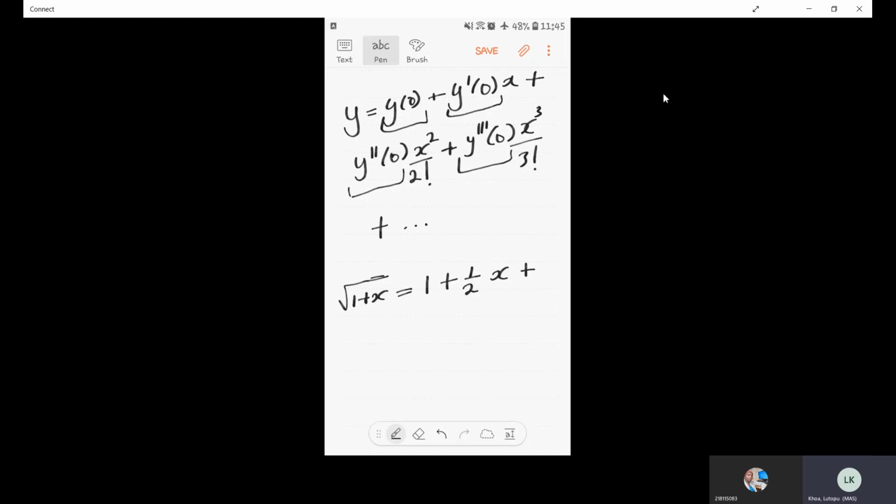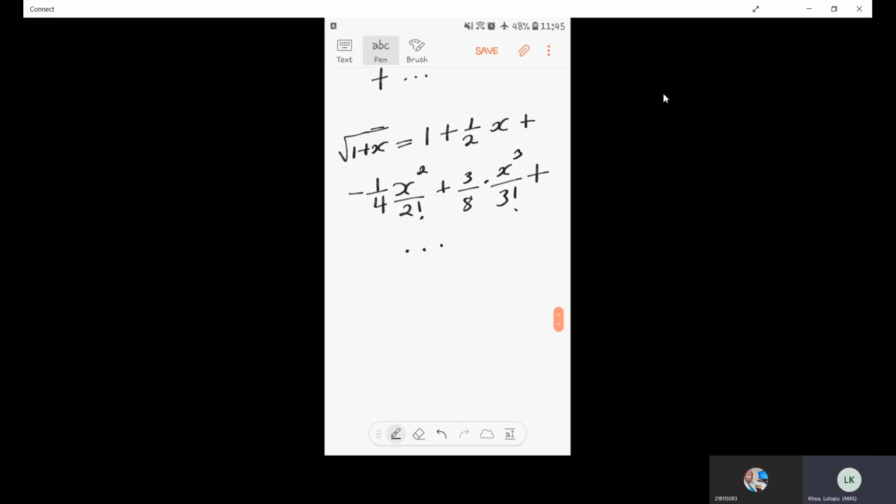And then y double prime of 0, this is minus 1/4, multiplied by x to the power of 2 divided by 2 factorial. And then the last term that I have here is 3/8, which is y triple prime of 0, multiplied by x to the power of 3 over 3 factorial. And I put plus and my dots to show that this continues, it doesn't just stop there.